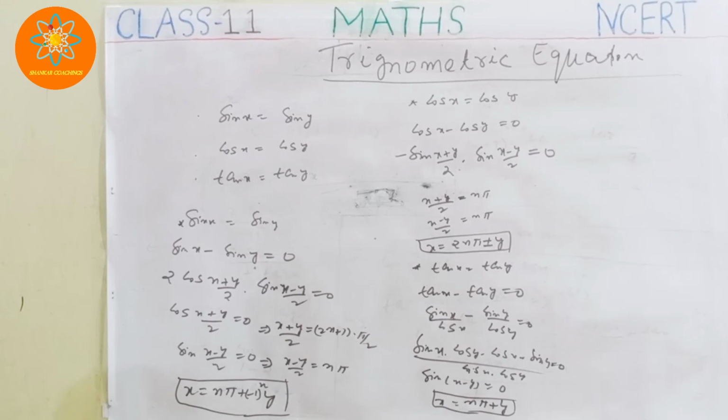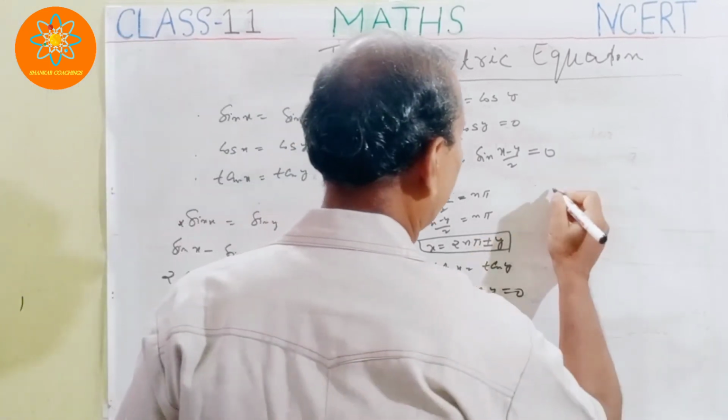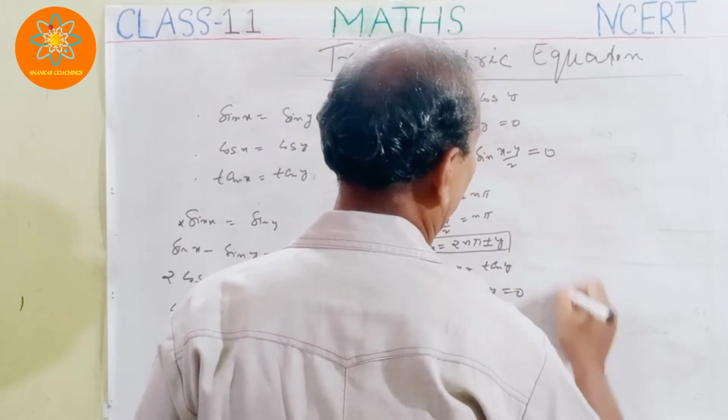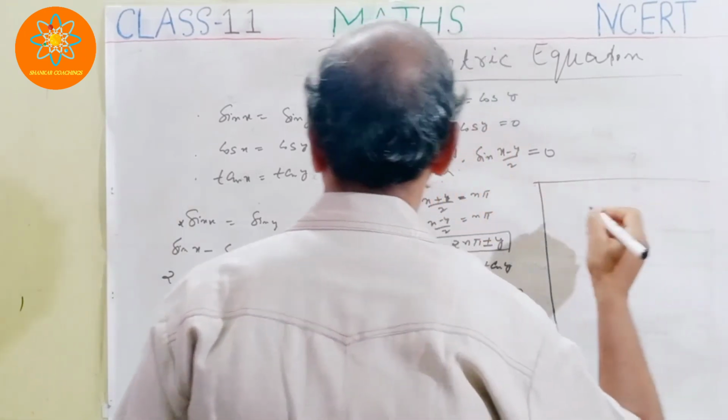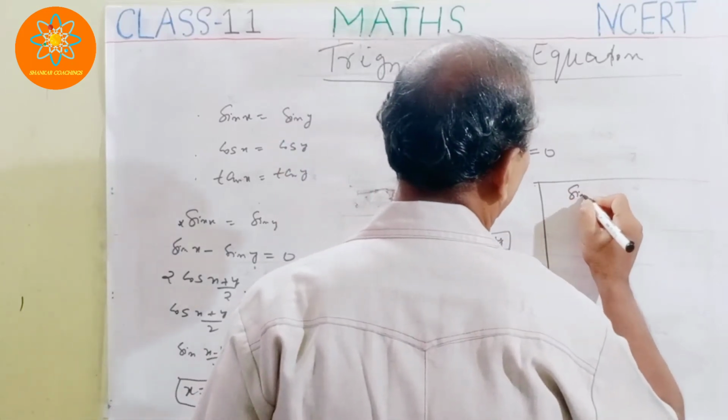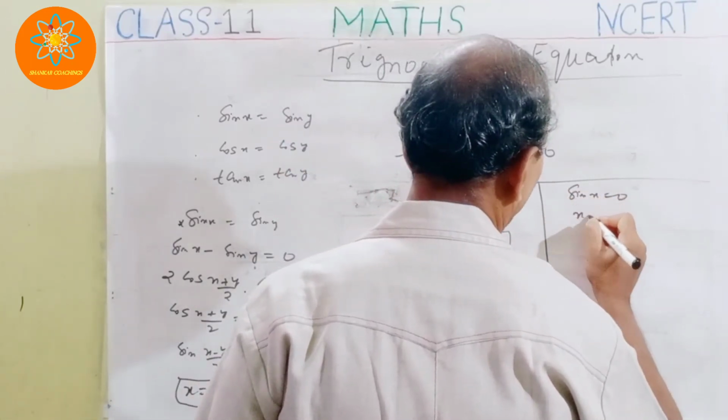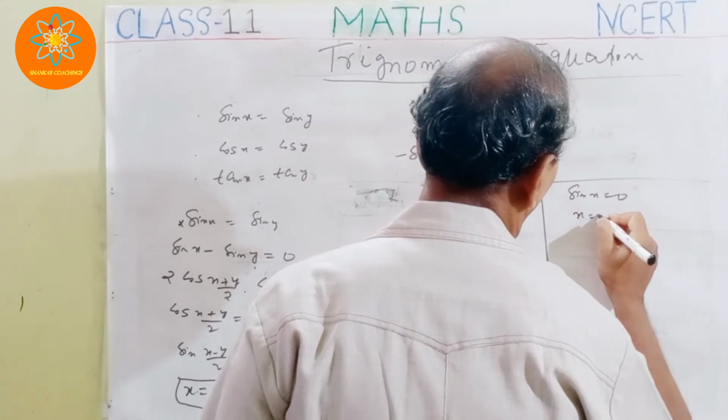Now, some special cases are also there. When sine x is equal to 0, x is equal to n pi.